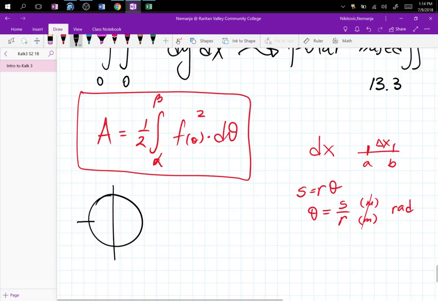And when you compute this, you get 1/2 9 theta from 0 to 2 pi, which is 9 pi. If you have a radius 3 and you use the formula, right, remember the tutoring? R squared pi, you get your 9 pi if radius is 3. Right? So this is the way.